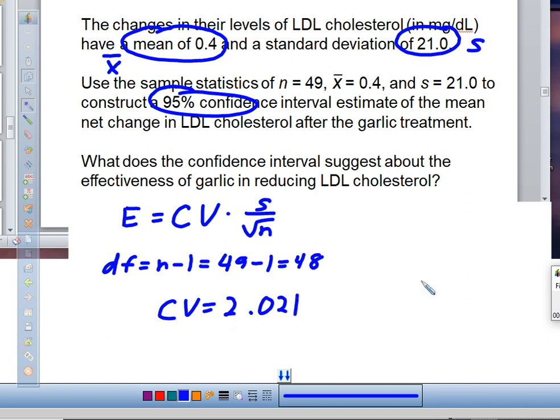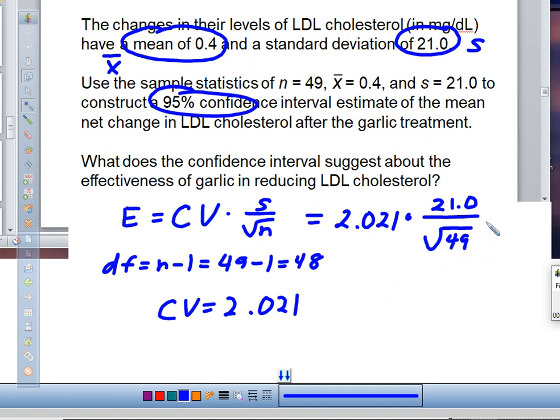So my critical value is 2.021. Then my error is going to be 2.021 times s. My s was 21.0 over the square root of n, which is 49.